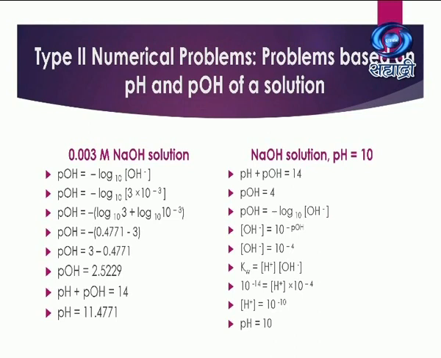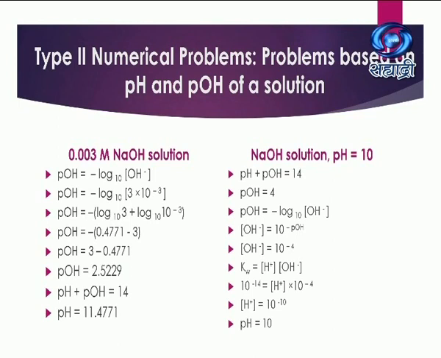So pOH is equal to 3 minus 0.4771, multiplied by the negative sign. So pOH comes out to be 2.5229. Now use the relation between pH and pOH, as we have to calculate pH. So substituting, pH comes out to be 11.4771.